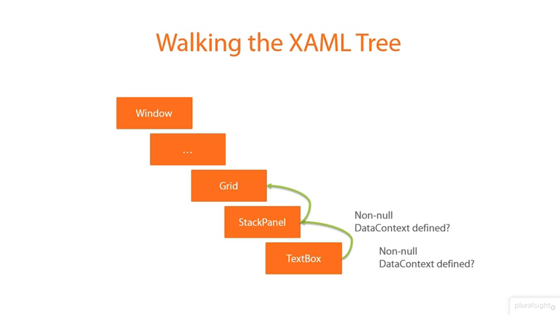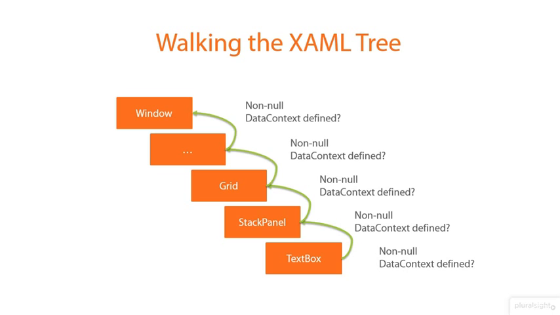If not, it will look a level higher, all the way up until it reaches the top level control. When it finds a non-null data context, it will stop going higher up in the tree. Note that if the required properties are not found on the data context, it will not search further. It stops with the very first non-null instance of the data context.